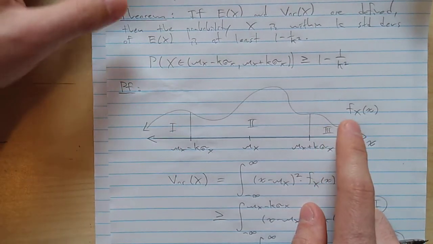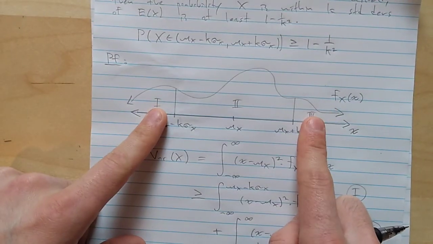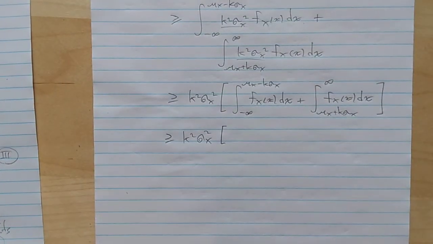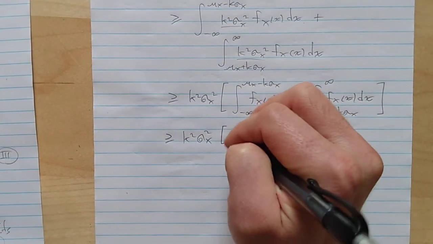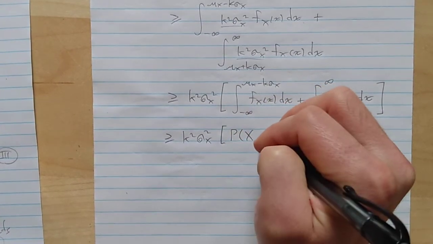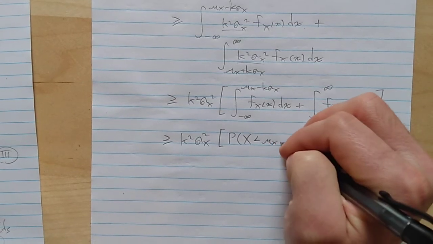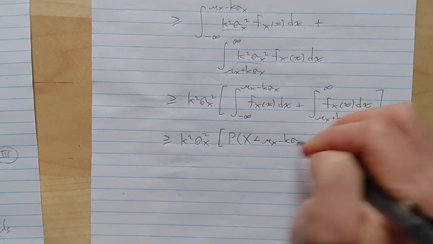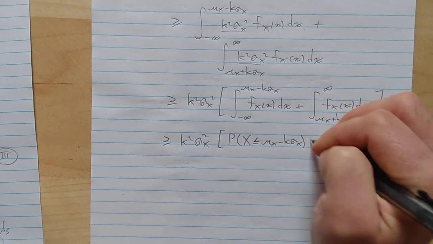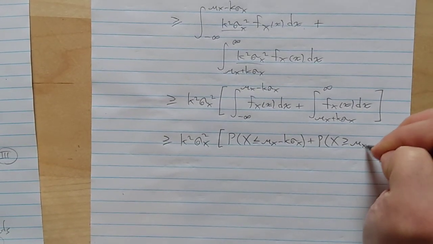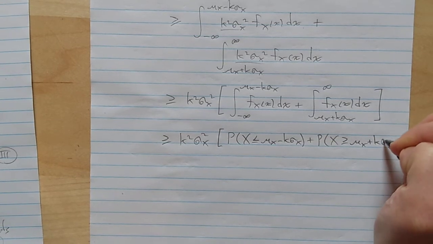And therefore, let's write it out. It's these areas right here. It's the probability a random variable ends up in the two tails. So this is the probability our random variable ends up less than or equal to mu x minus k sigma x, plus the probability our random variable ends up bigger than or equal to mu x plus k sigma x.